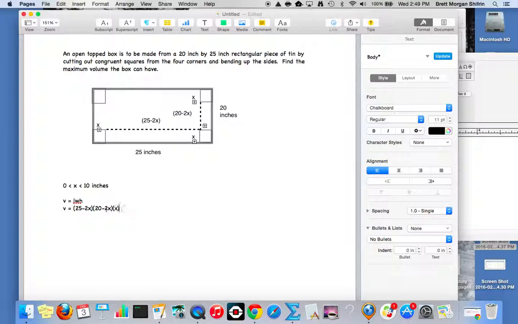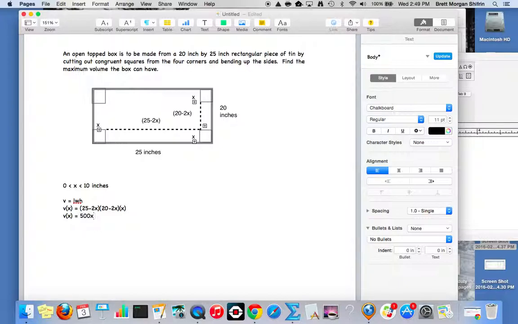All right, how do I work with this? Well, I'm looking at the volume in terms of x, and I'm talking about maximizing the volume. So I want to know, when does the first derivative equal 0? If I multiply this out, V of x equals 25 times 20 is 500 times x.